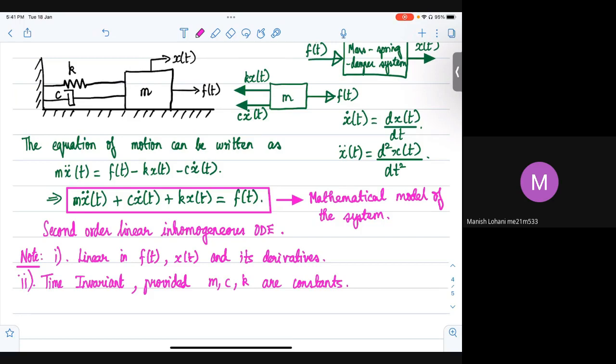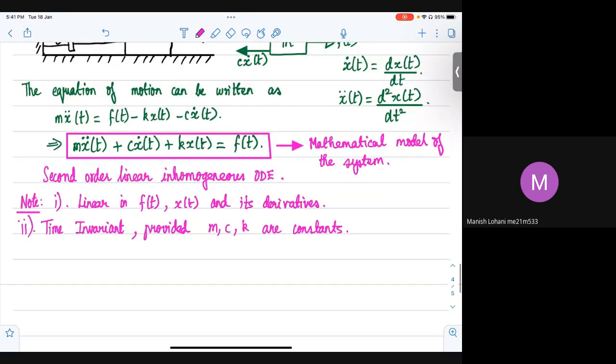But if any of these parameters depend on time, it becomes time variant. And it is causal because the highest derivative of the output is 2, whereas the highest derivative of the input is 0. So that's why it's causal.